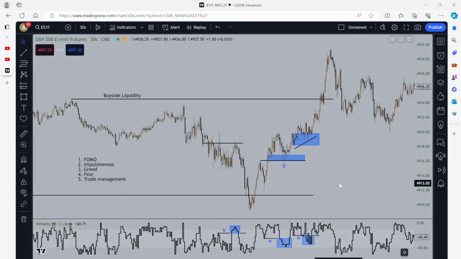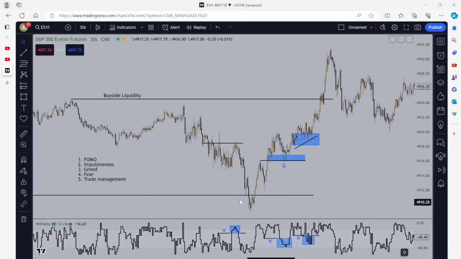And if we go back to month one content of ICT's mentorship, what are the four stages of delivery, guys? I want you guys to put them down in the comments below. Consolidation, retracement, reversal, and expansion.